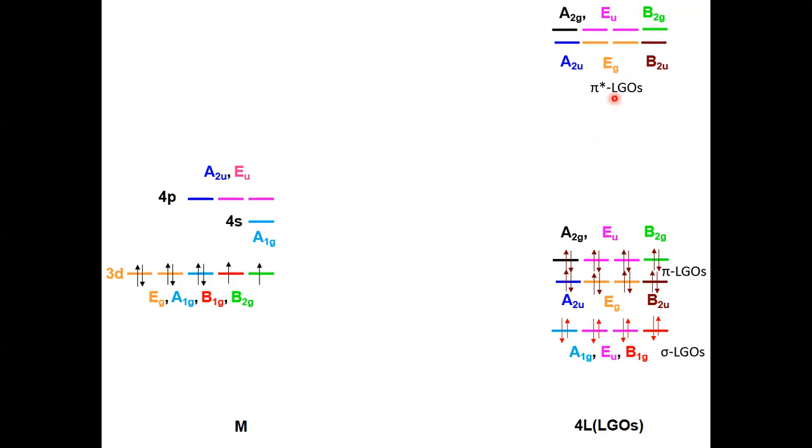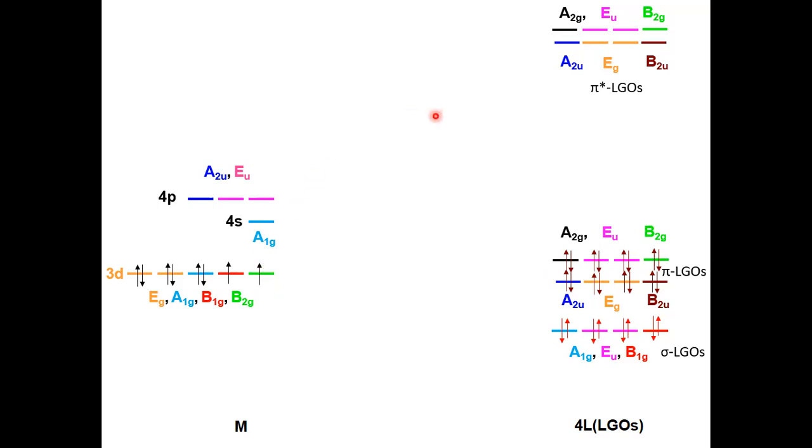We can see this from the fact that the pi star ligand group orbitals are energetically far higher than the metal d orbitals, whereas the pi ligand group orbitals are energetically very similar to the metal d orbitals.